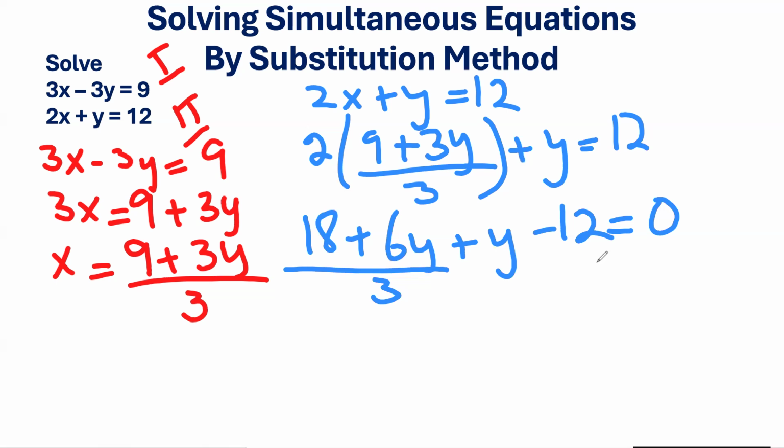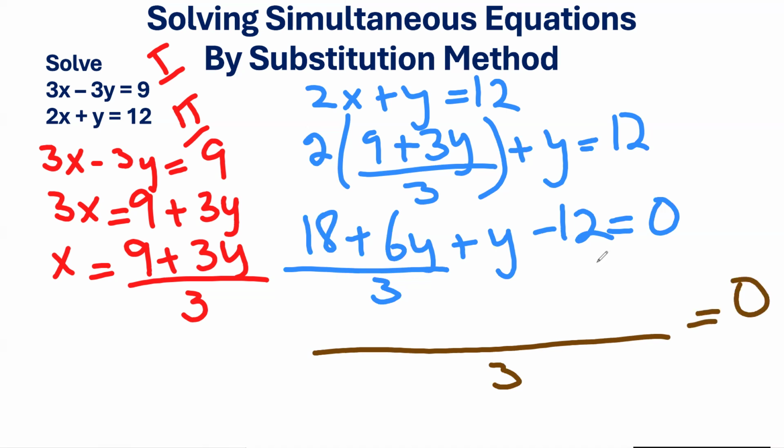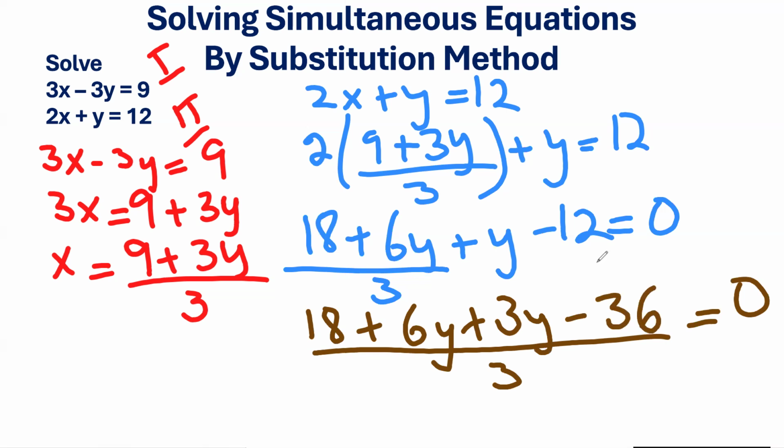Now you have to take the LCM of these 4 terms. What is the LCM? It is 3. So 18 plus 6y plus 3y minus 12 3s are 36. Now 3 will be multiplied by 0, cross multiplied. So 3 and 0 will give you 0.